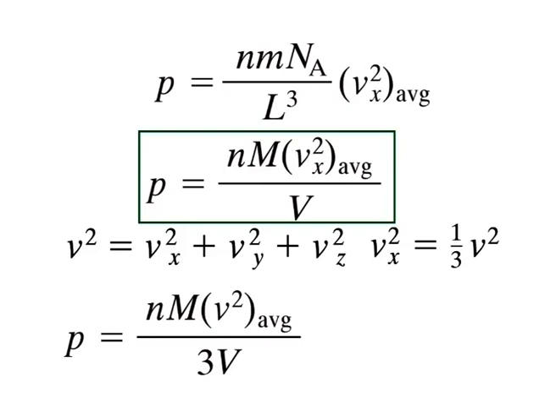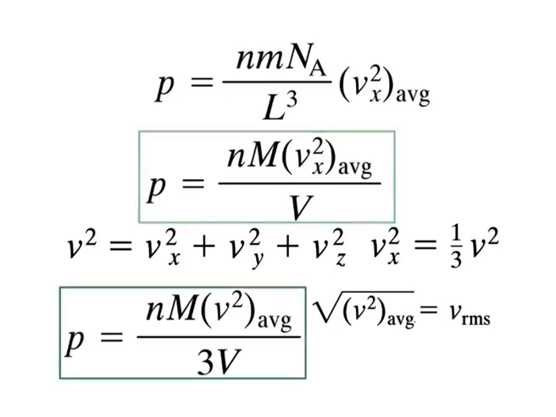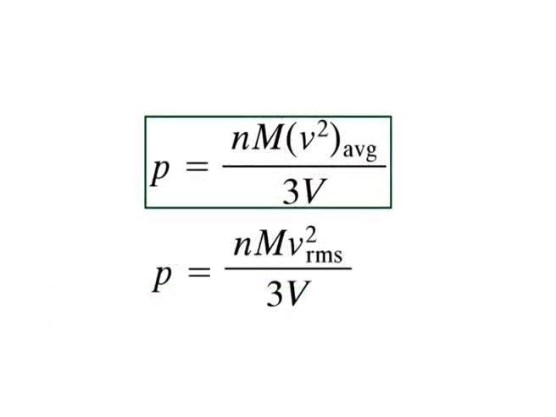You square each speed, you find the mean of all these squared speeds, and then you take the square root of that mean, with the square root of v square average equal to vrms. We can then write equation KT6 as P is equal to nM vrms square divided by 3V.